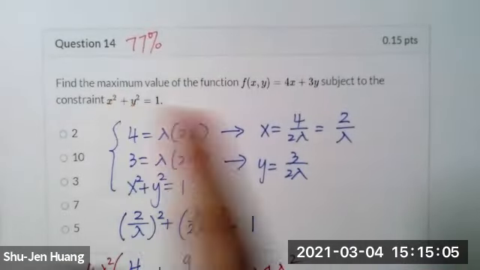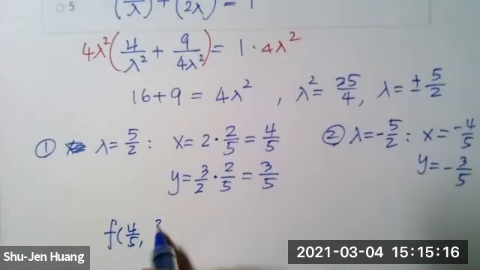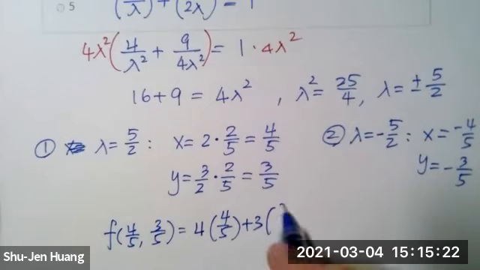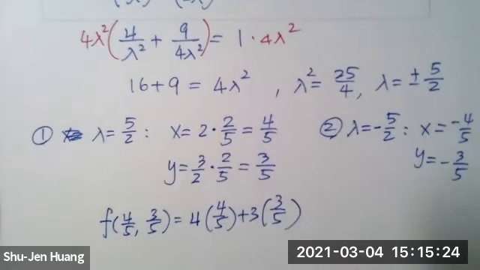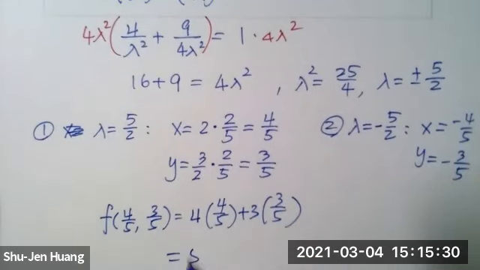And now we want to find the maximum of 4x plus 3y. So we need to plug in the x, y value here. 4x plus 3y, so that's 16 plus 9, 25. 25 divided by 5, that gives us 5 here.